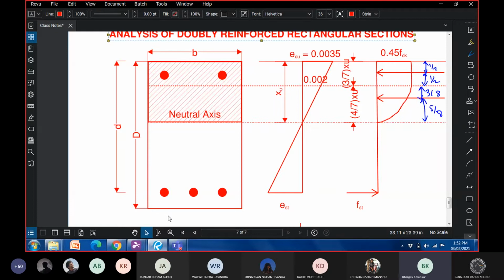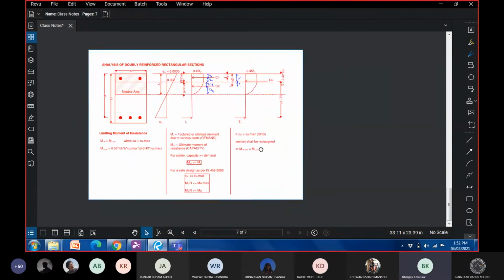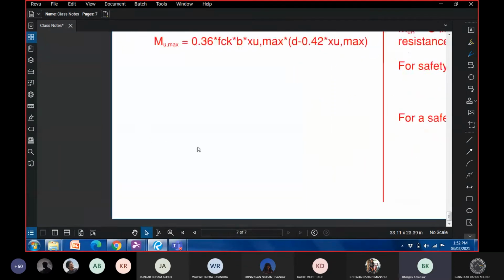Such a section is called a doubly reinforced section.